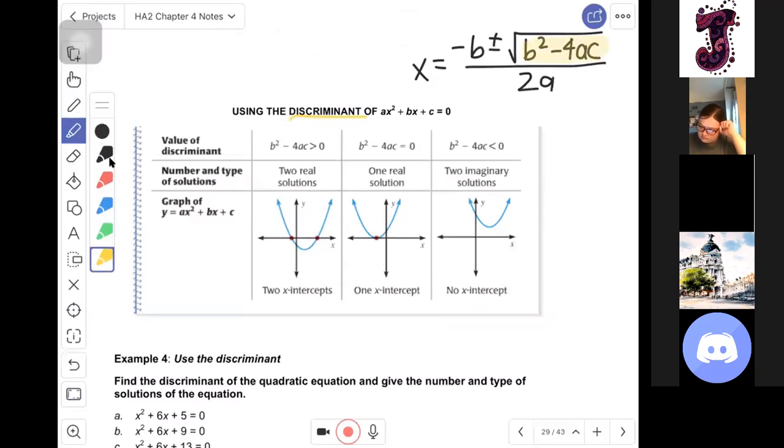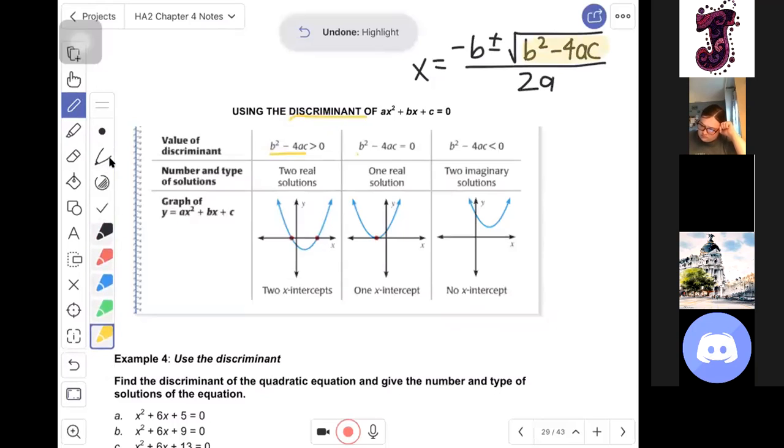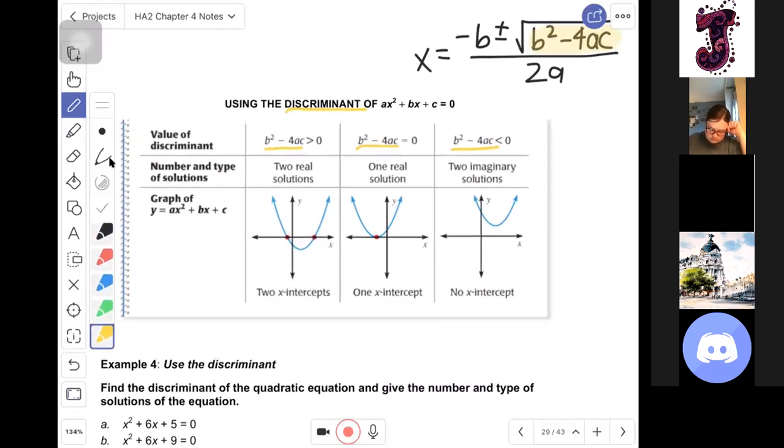When b squared minus 4ac is greater than 0, what you get inside that square root is positive. You will get 2 real solutions. That means you have 2 x-intercepts because we're solving for x.